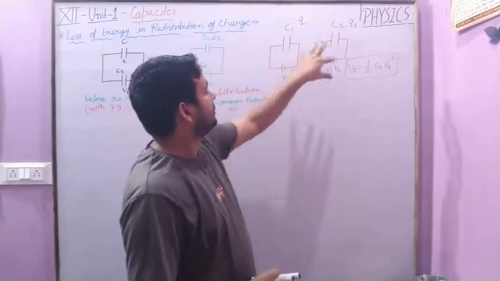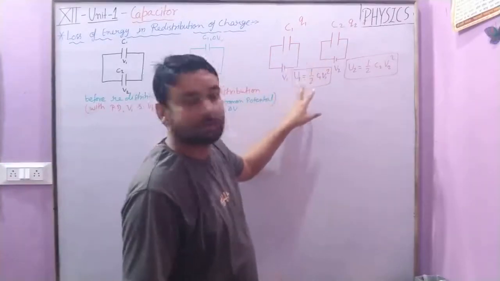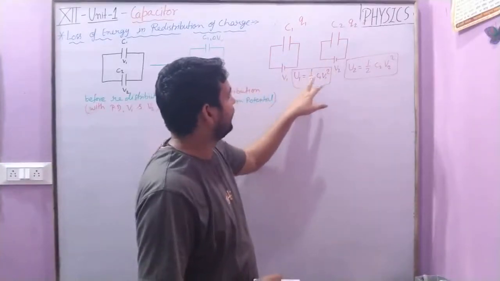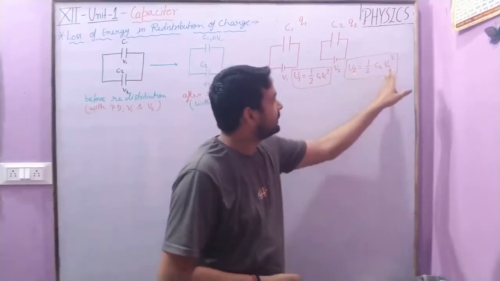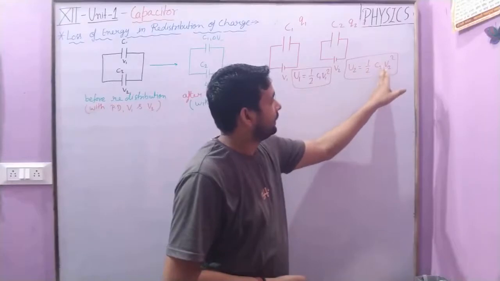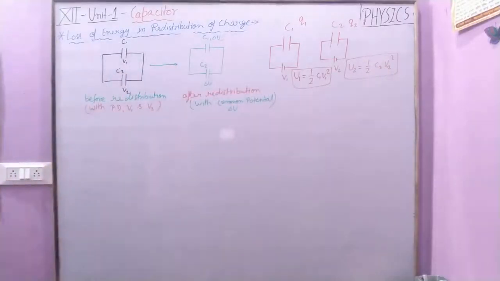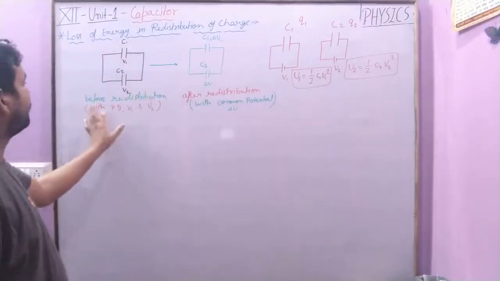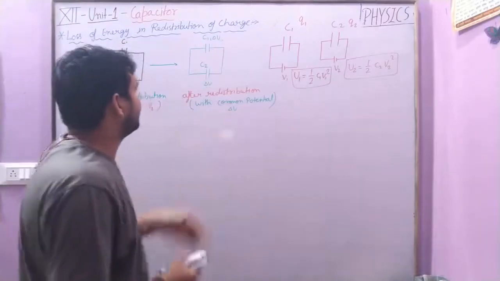So we can use this result of energy for the two cases. For C1, U1 is half C1 V1 square, and U2 is half C2 V2 square. Okay, now here we have two situations: first before redistribution, and second after redistribution.